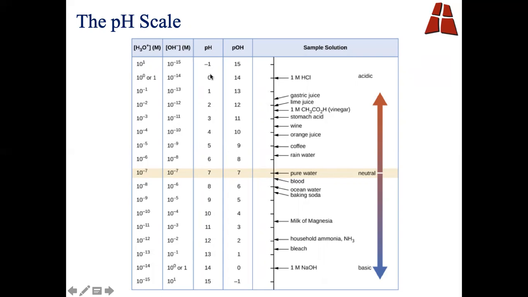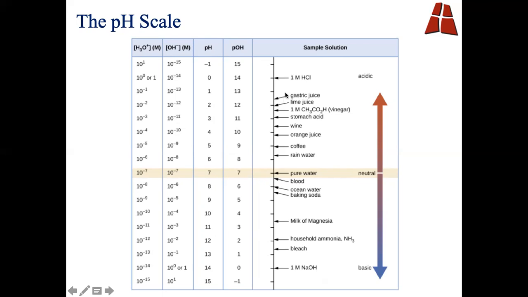And then our pH and our pOH are also always adding up to a value of 14. I'll also point out here that you can have negative pH values. You can also have negative pOH values for things that are very basic or very acidic.